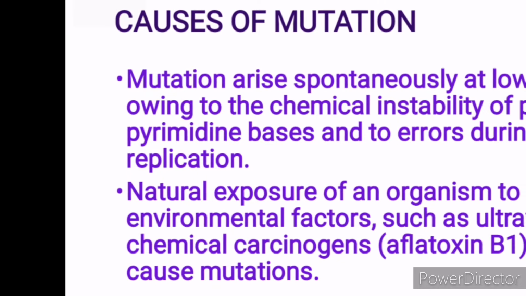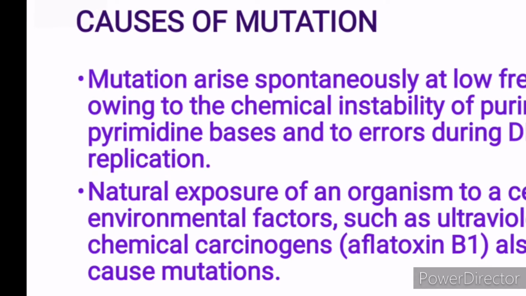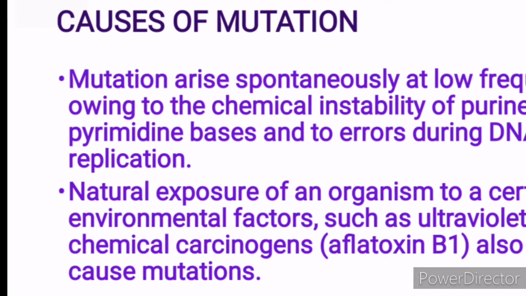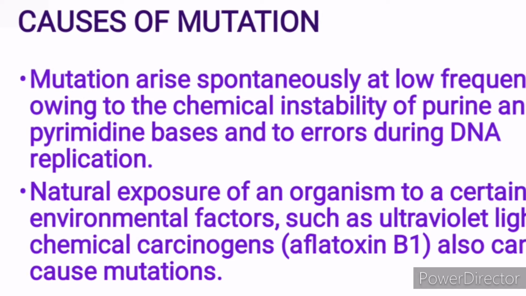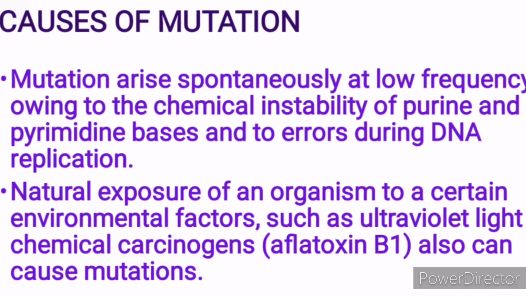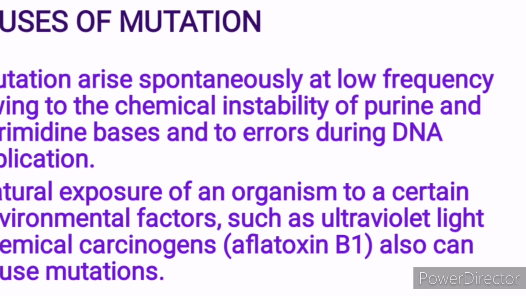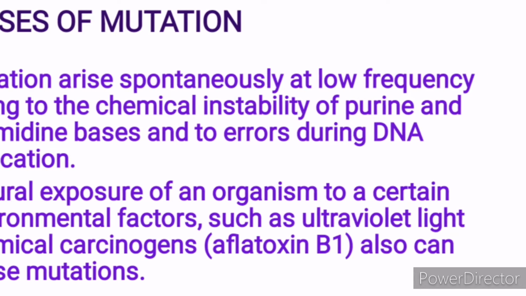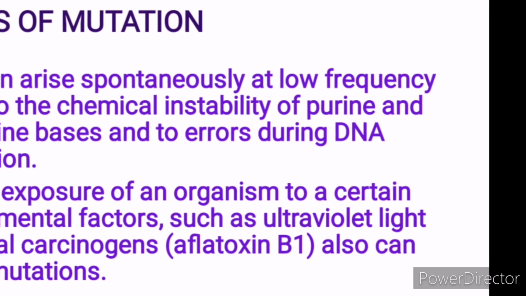Mutations arise spontaneously at low frequency owing to the chemical instability of purine and pyrimidine bases and to errors during DNA replication. Natural exposure of an organism to certain environmental factors, such as ultraviolet light, chemical carcinogens, and aflatoxin B1, can also cause mutations.